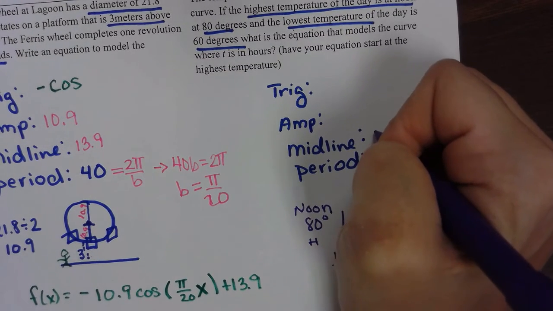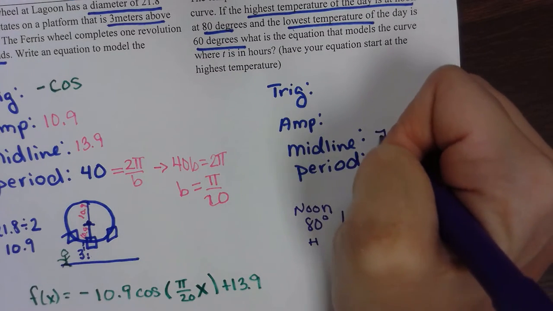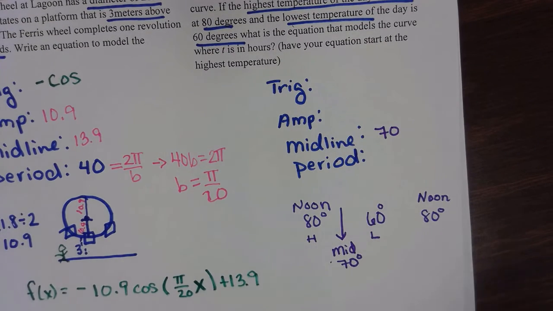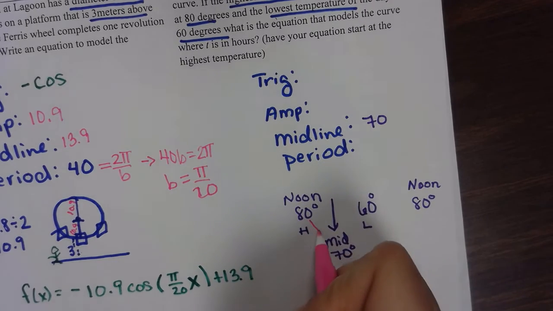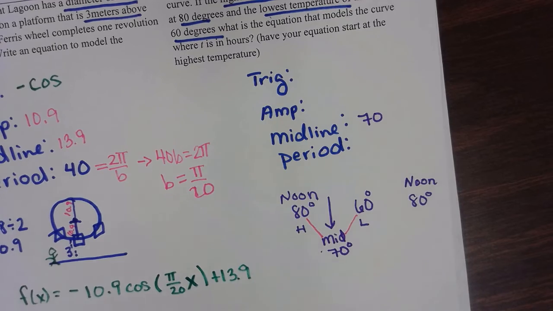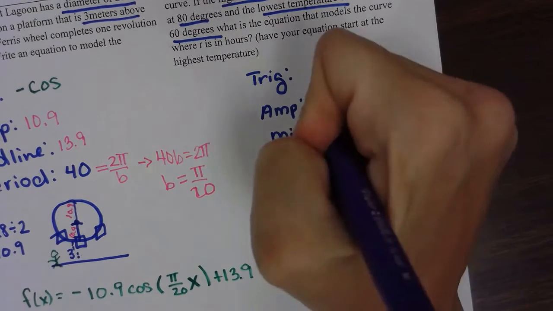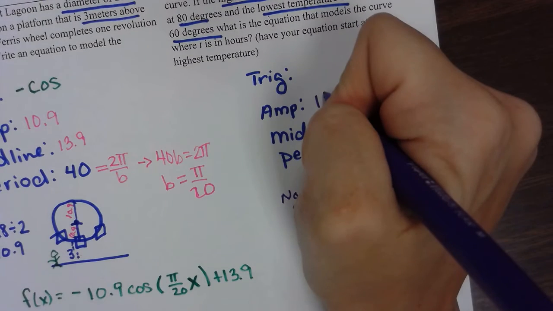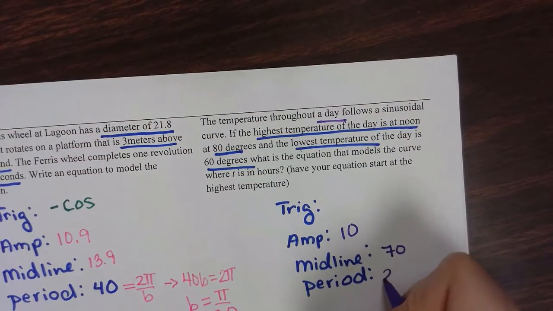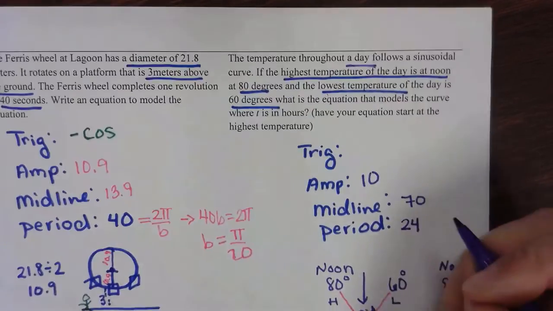So we have our midline at 70. What does that make our amplitude? Well, our amplitude would go from our high to our midline to our low, which in this case is 10. And we are talking about a day. So our period is 24 hours.